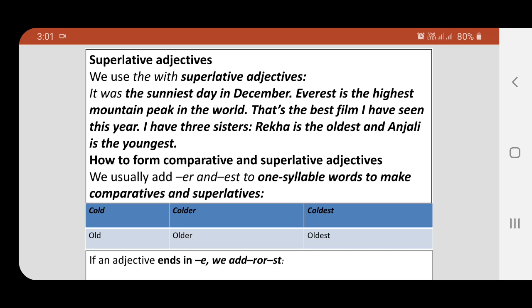That is the best film I have seen this year. I have 3 sisters. Rekha is the oldest and Anjali is the youngest. The superlative adjectives are used.